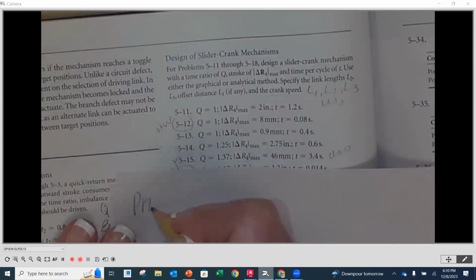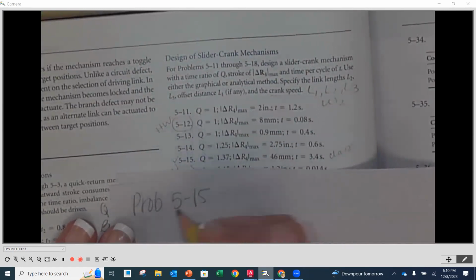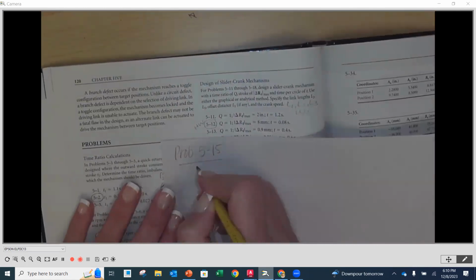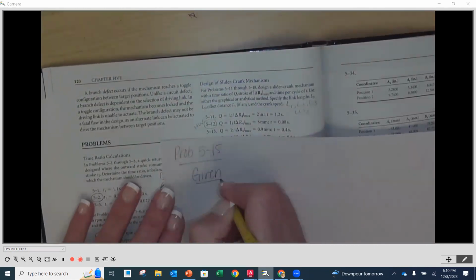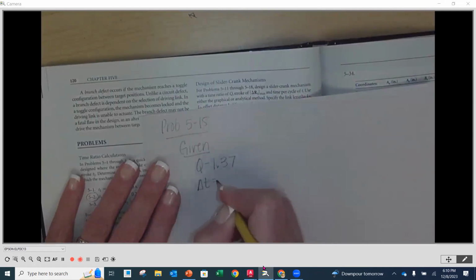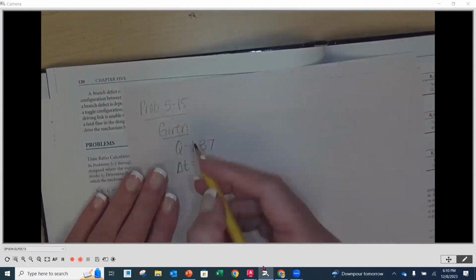So this is problem 515, and our given for this one is Q equal to, I think it was, 1.37. Our change in time, which is our total cycle time, is 3.4 seconds.